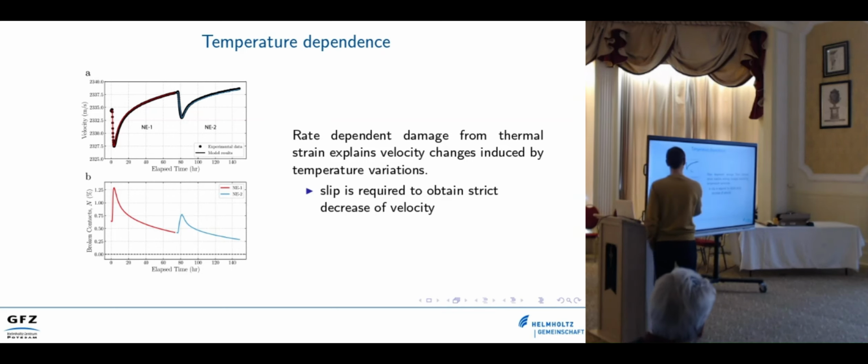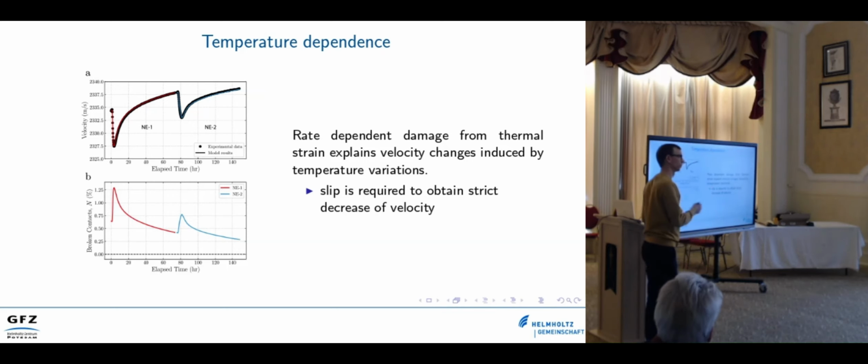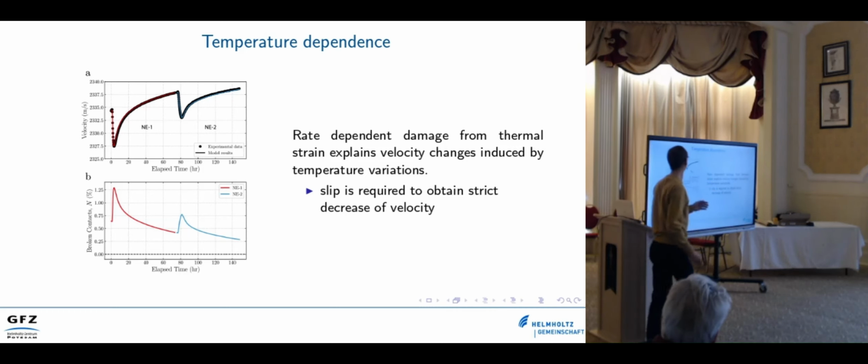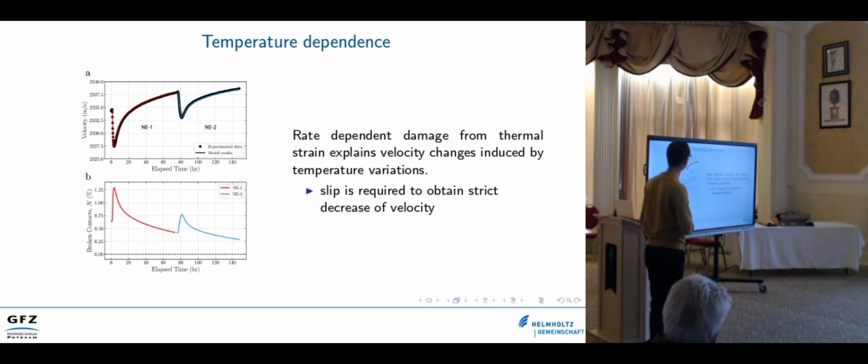So here we have the number of broken connections, broken contacts, translated into a velocity that fits these observations pretty well. And what is important here is the slip. It's not the distance between the contacts, but the slip, because otherwise you would not systematically have a decrease whenever you do some change, independent of the sign.